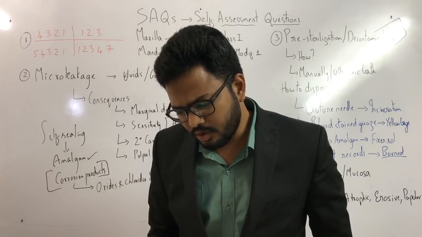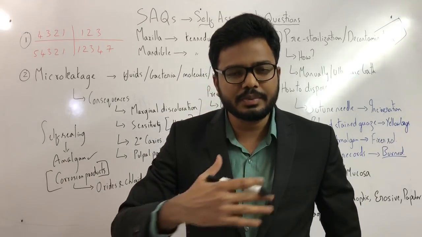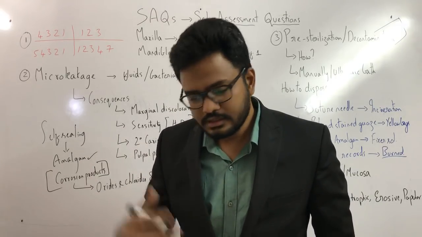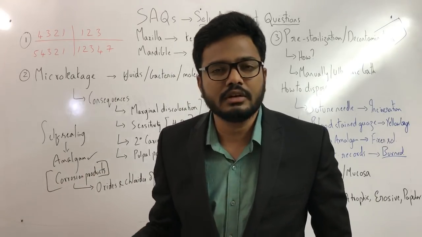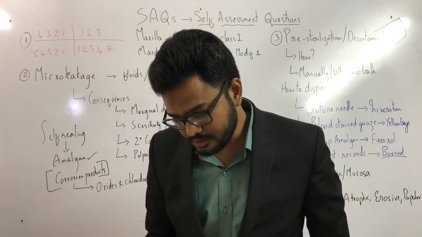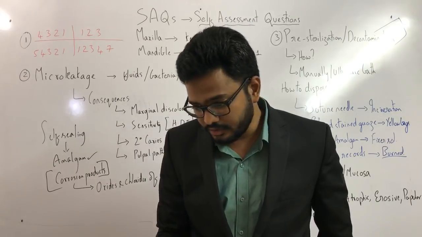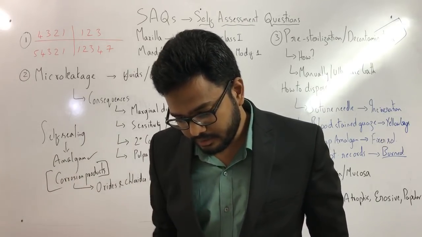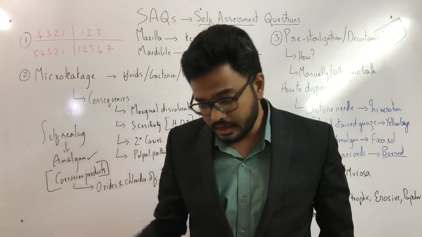Tombstone appearance is not as such seen here, but you will see basal cells being infiltrated by lymphocytes, juxtaepithelial infiltration by lymphocytes. Yes, civatte bodies, good. Yes, so there can be hyperkeratosis or parakeratosis, sawtooth rete pegs, band-like lymphoplasmacytic infiltration, juxtaepithelial.